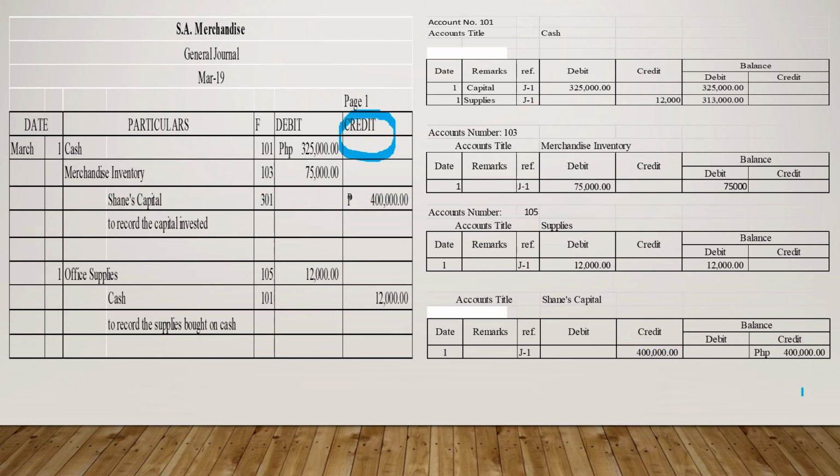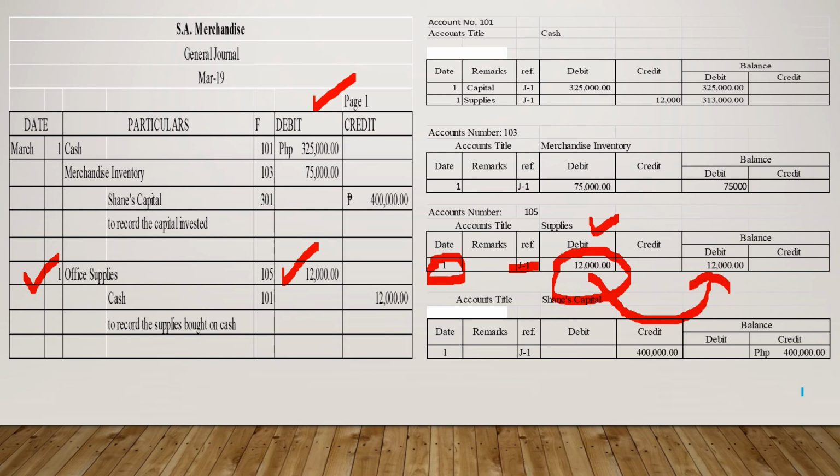Next is we have office supplies. So, March 1, ito yung ating supplies. March 1, J1, because it is coming from the page 1. We have debit balances of 12,000. Then we move it to the debit balance of 12,000 pesos.